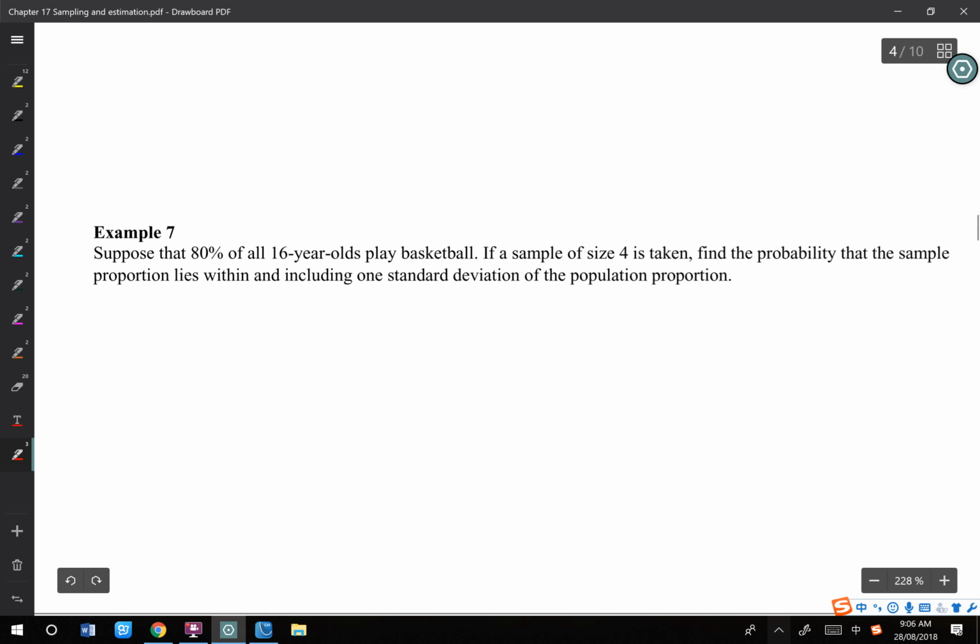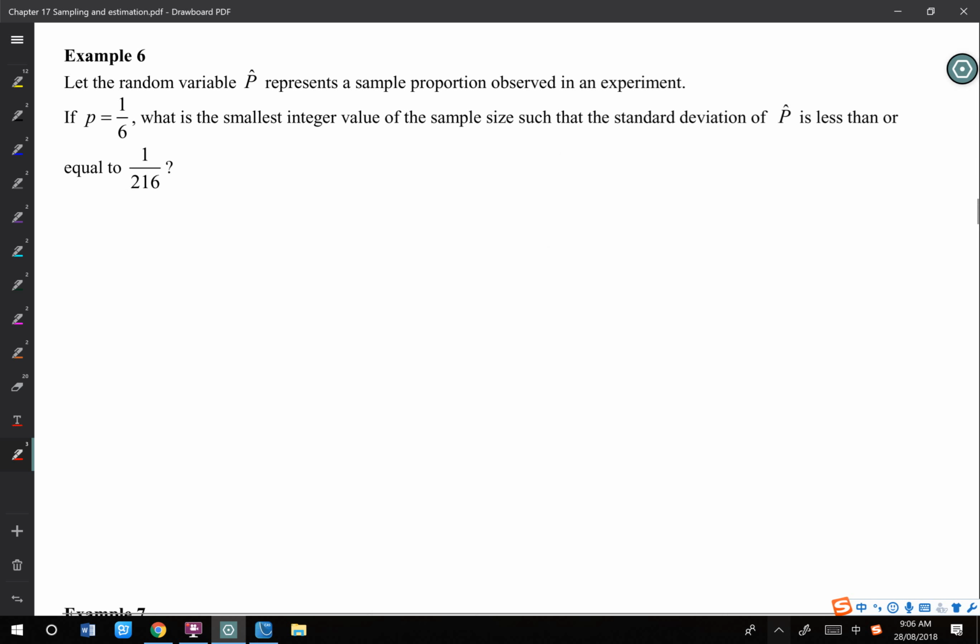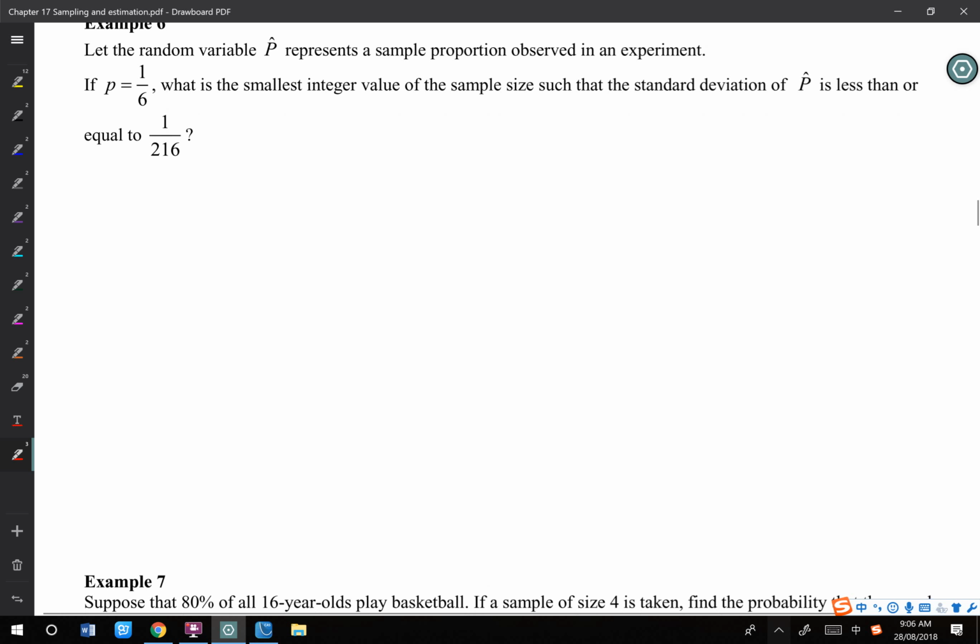What I'll do is example 6 and example 7. Let a random variable p hat represent a sample proportion observed in an experiment. If p equals 1/6, what is the smallest integer value of the sample size?